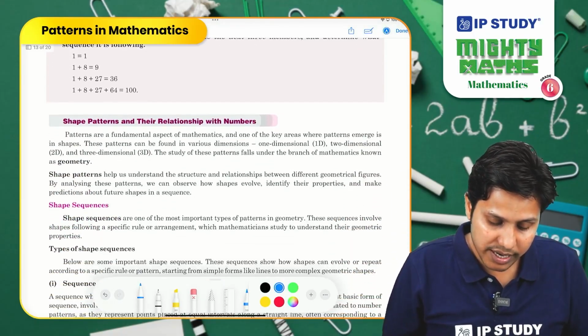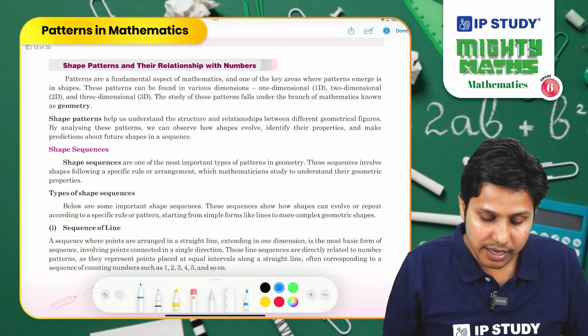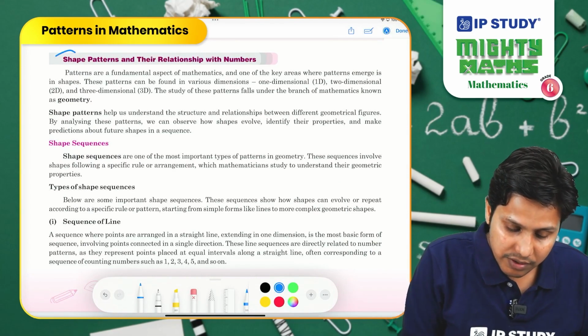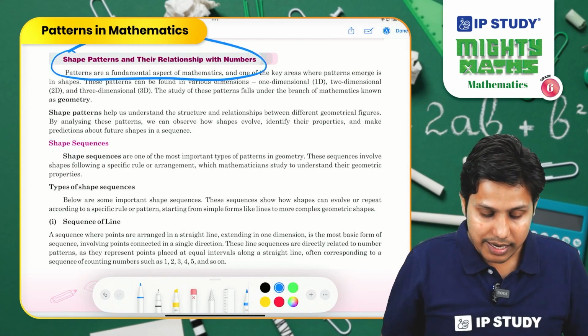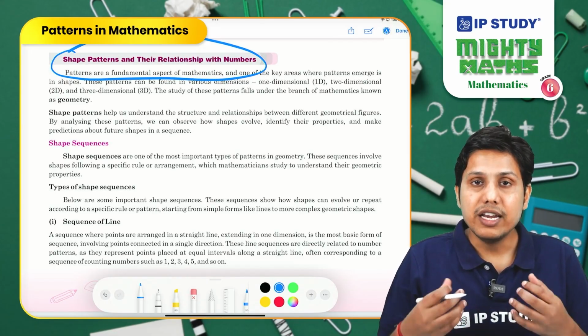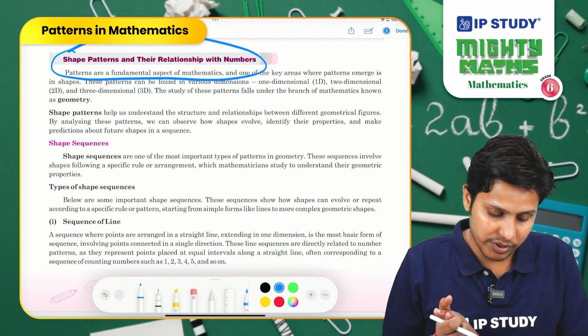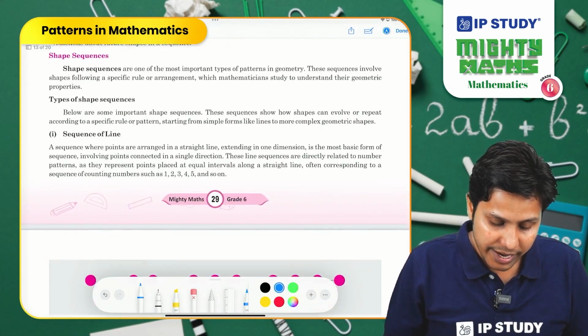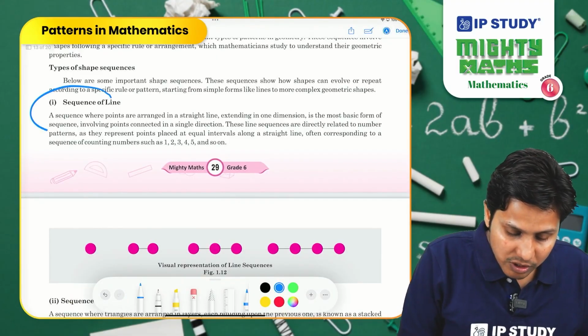Now moving to the next topic, shape patterns and their relationship with numbers. Let us understand how different shape patterns show a relationship with different number sequences. So first of all, here we have a sequence of lines.